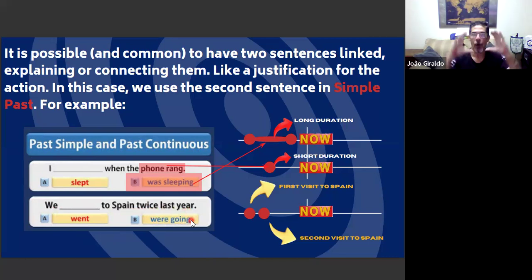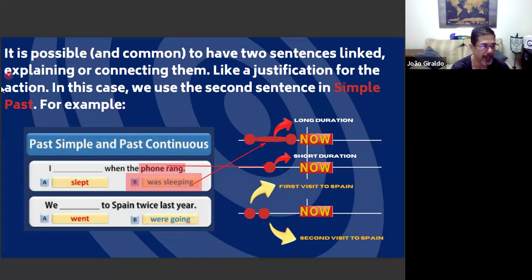Okay, the other example here: we went to Spain twice last year. So first, we are talking about last year, past, okay? So the last year, the action is finished, okay? This is the typical sentence of simple past. It is one action, punctual actions that started and finished in the past.